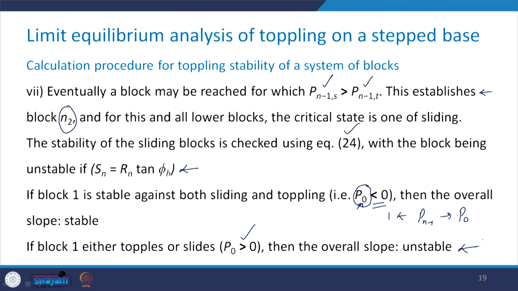So, you need to go in a systematic manner starting from the topmost block and then go one by one towards the toe of the slope, and keep finding out what is going to be the value of Pn minus 1 for each of these blocks. Apply a check which one is the dominating mechanism, whether it is toppling or sliding.